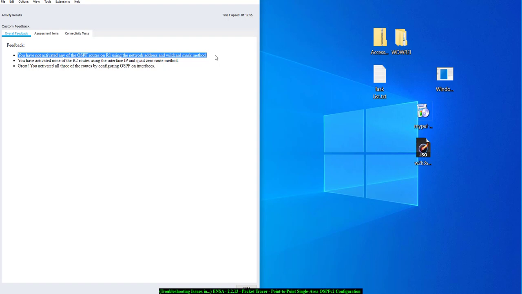And remember, wildcard mask is the inverse of a subnet mask. He's also not configured OSPF routing on router 2, which says you have activated none of the R2 routes using the interface IP and quad 0 route method. And quad 0 is all zeros.